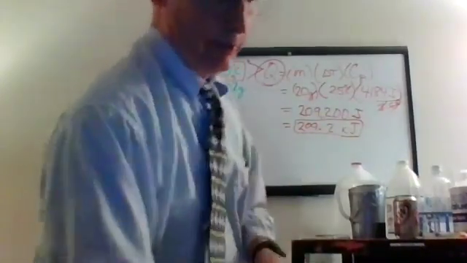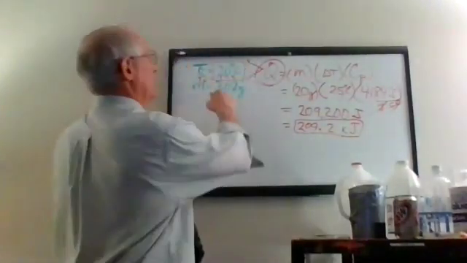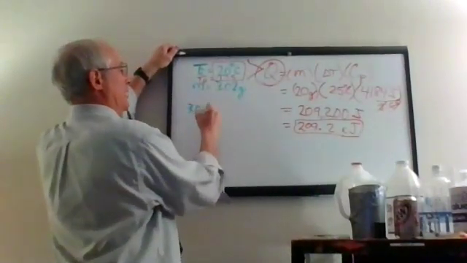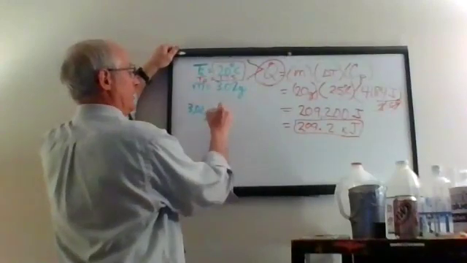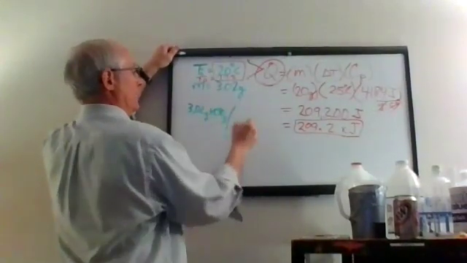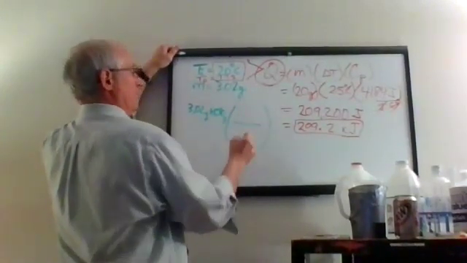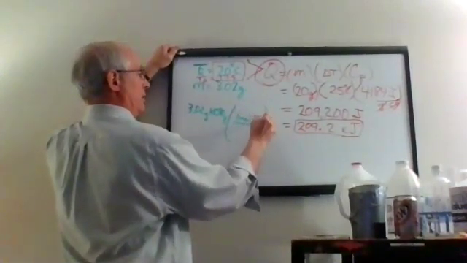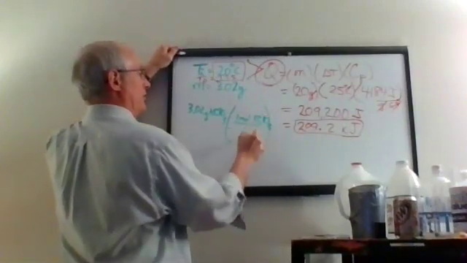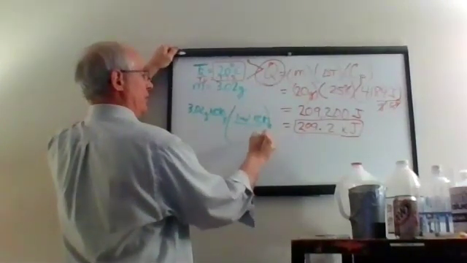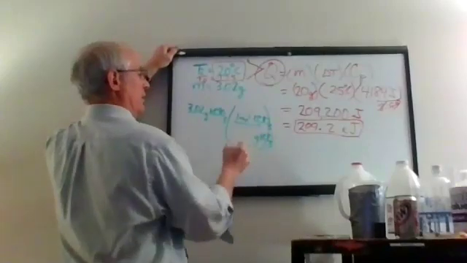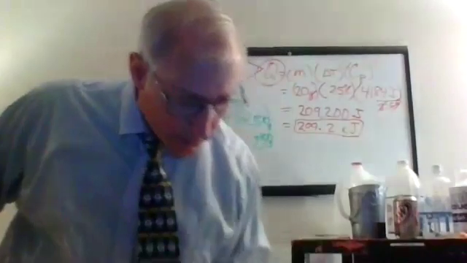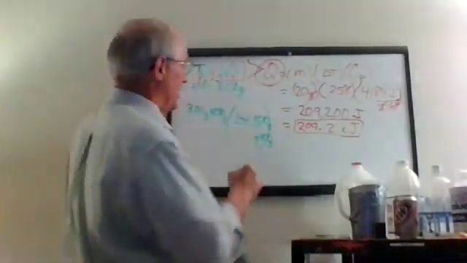The other piece of information is how many moles is 3.02 grams of KClO3. One mole of KClO3 is how many grams of KClO3? I happened to add that up before I started this. It was 122.548.